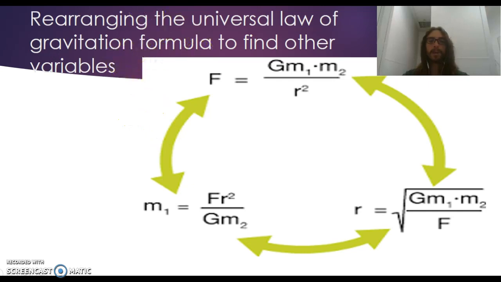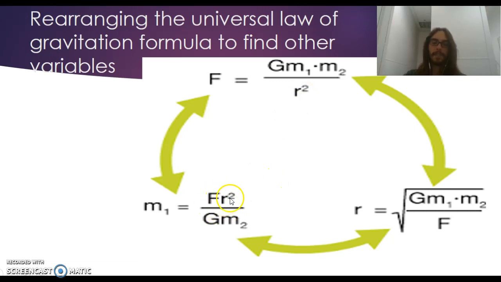Okay, and so you can rearrange the universal law of gravitation formula to find all sorts of other variables. So if you want to find the mass of 1, m1, then all you do is divide out F and multiply r. You're just going to flip this equation right here, flip it over and multiply F in. So you're going to get F d squared. This is really d. It says r, but we use d for Edgenuity.